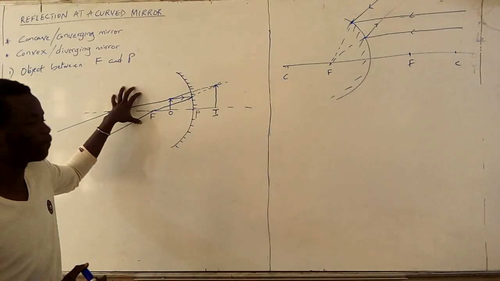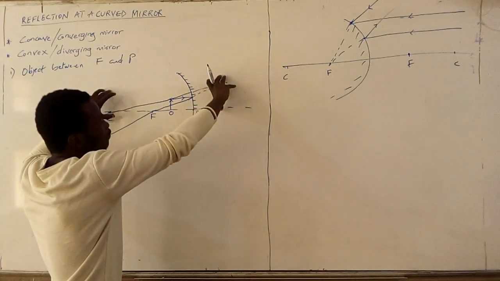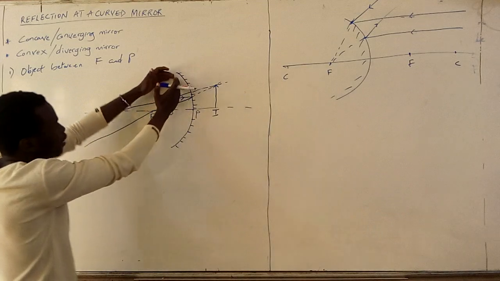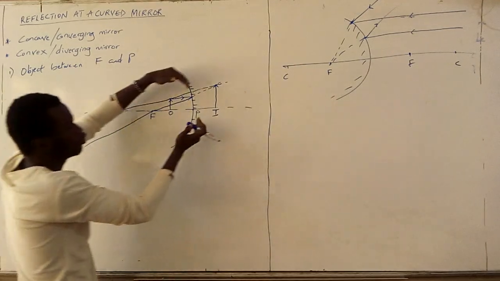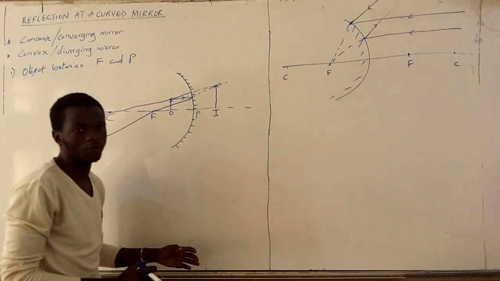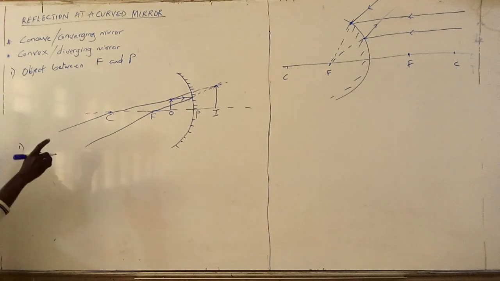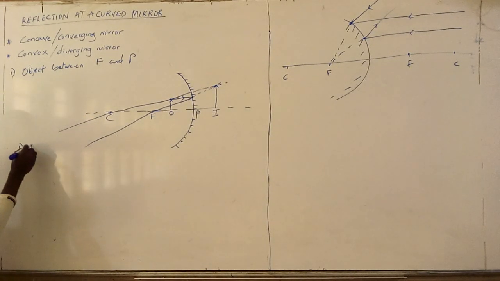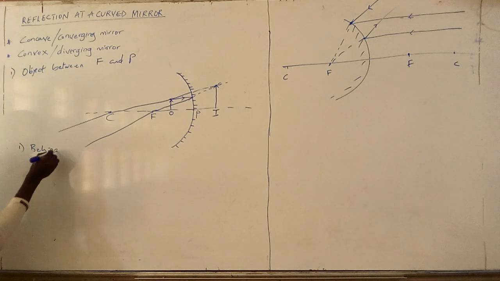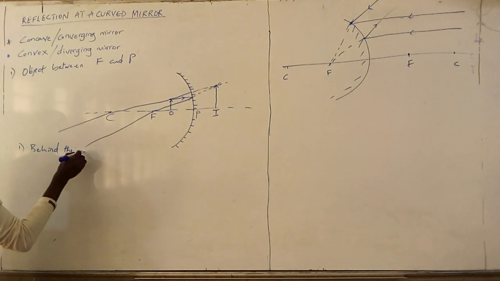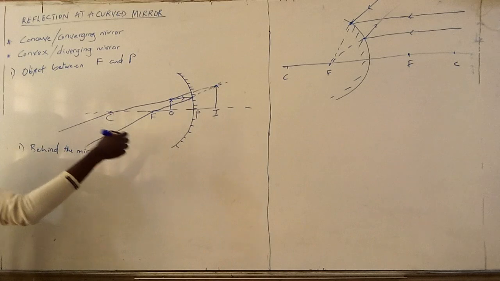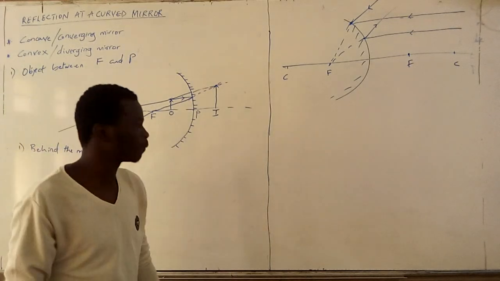Why is it not formed here? Any image that is formed here, we said this is the front of the mirror, so this is the back of the mirror. So the first property, property 1, is that the image is formed behind the mirror.